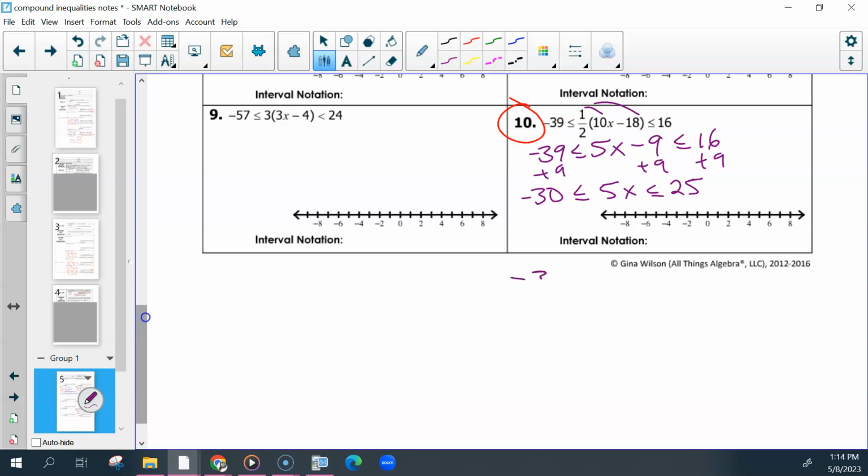And divide all sides by 5. Nothing's going to switch because we're not dividing by a negative. But if it was -5 in the middle, then all the signs would switch, but then you would switch it all again because it has to be less than and then least to greatest.